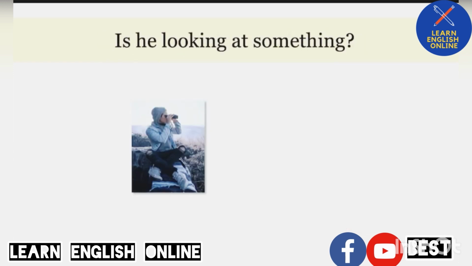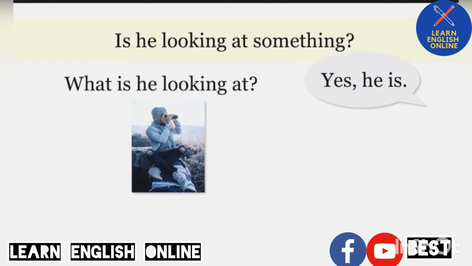Is he looking at something? Yes, he is. Well, now I want more information. What is he looking at? Do you see? The questions look almost the same. There's be verb, and then the subject, and then the verb with ing.